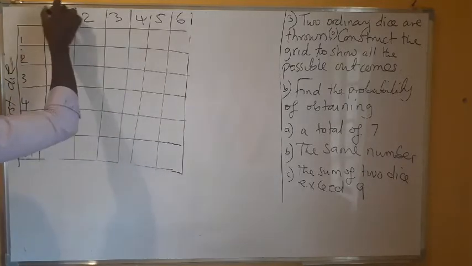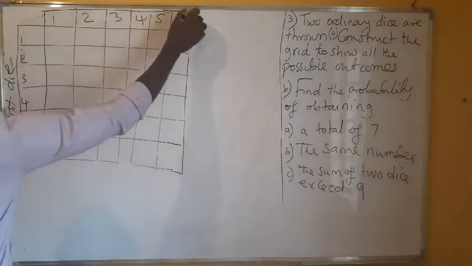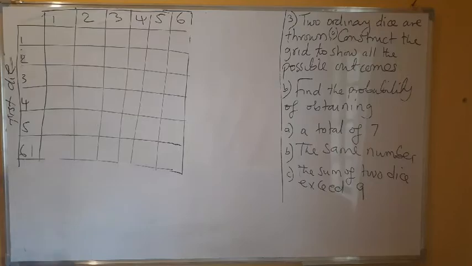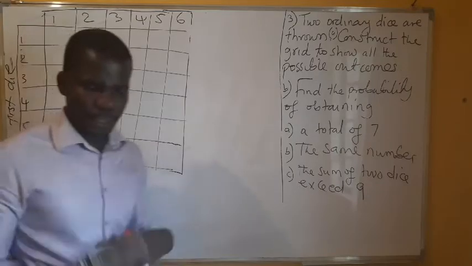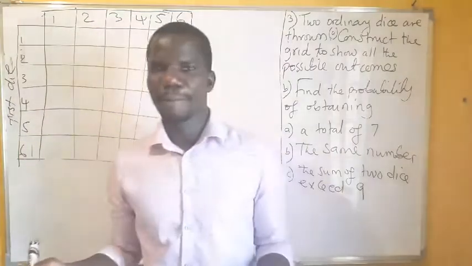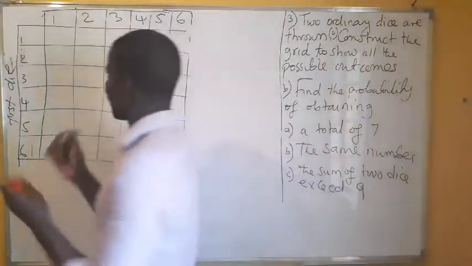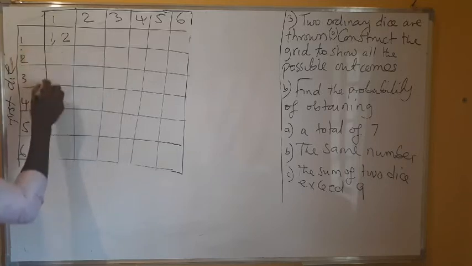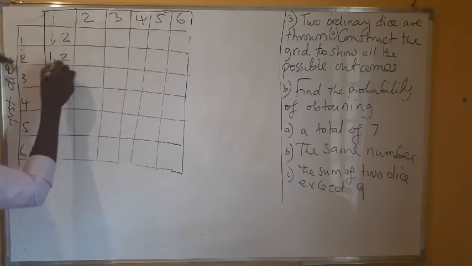Then this one can be the second die, right? Second on top there. Now inside here we begin to put all the possible outcomes. It's like we're bringing the coordinates together. So this is 1. Here we have 1, 2.